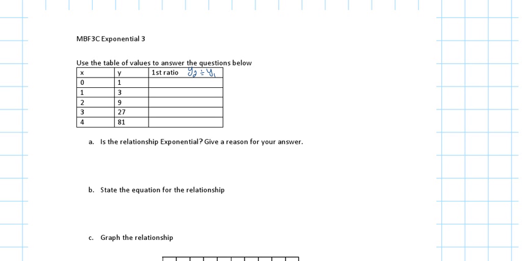So that's going to be 3 divided by 1. So that's 3. 9 divided by 3. That's 3. 27 divided by 9. That's 3. 81 divided by 27. That's 3.